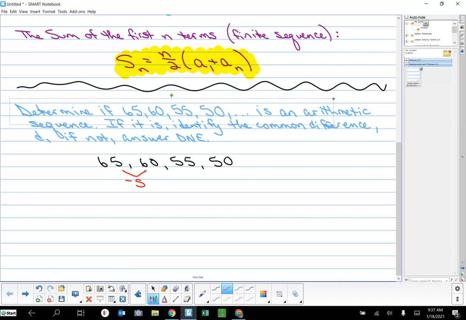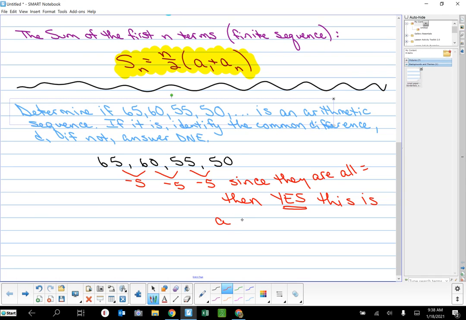Well, I go down 5, down 5, down 5, and because these are all the same, then yes, this is an arithmetic sequence or progression.